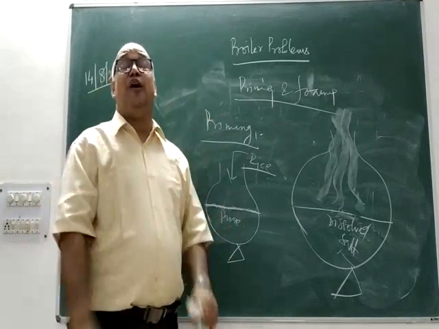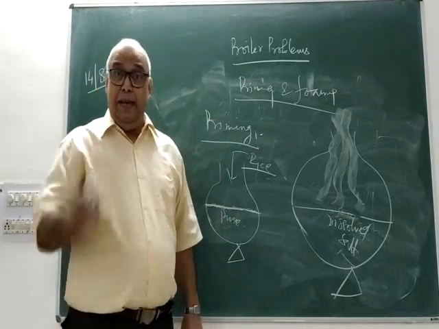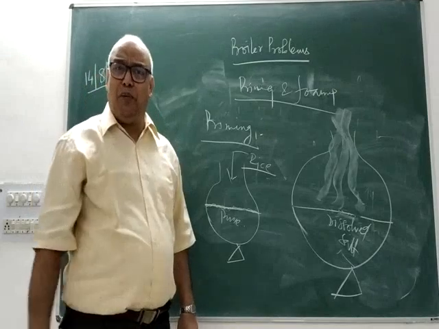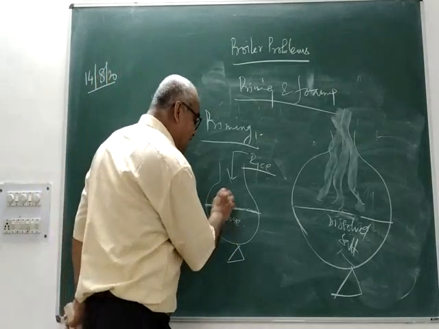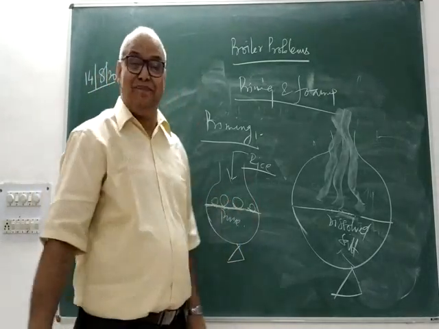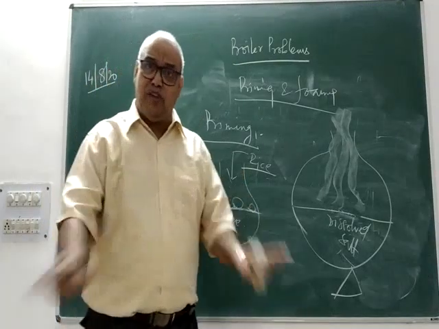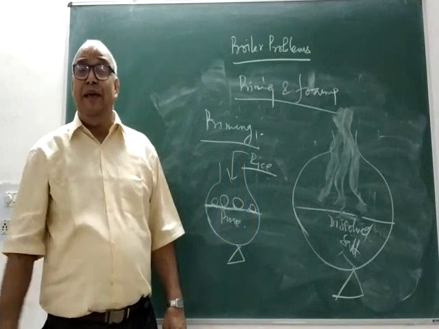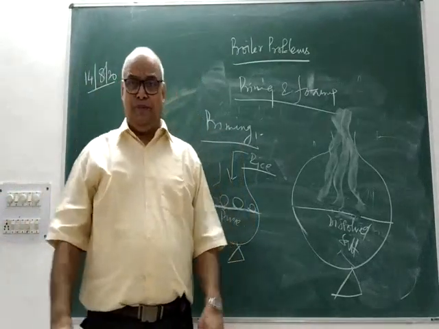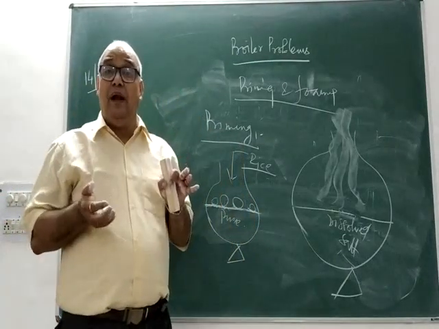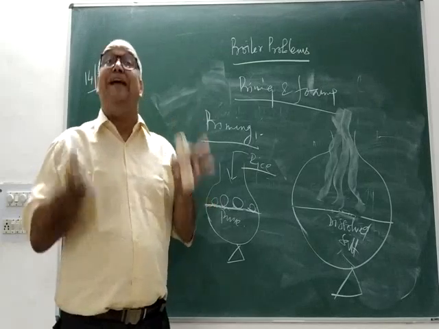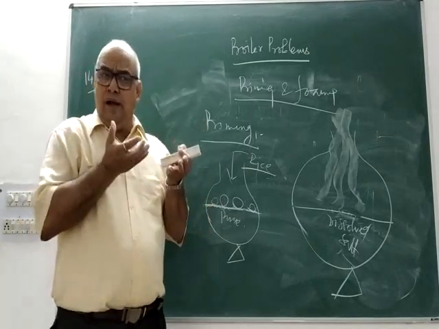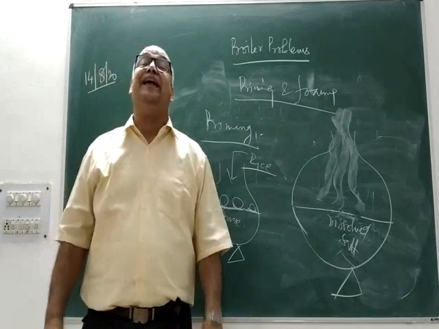Now if you carefully observe, water bubbles will be produced, and the size of the water bubbles will be bigger. Initially water was absolutely pure, and very small bubbles appeared on the surface, but once rice is used, water bubbles of bigger size will appear and they will be jumping like anything.